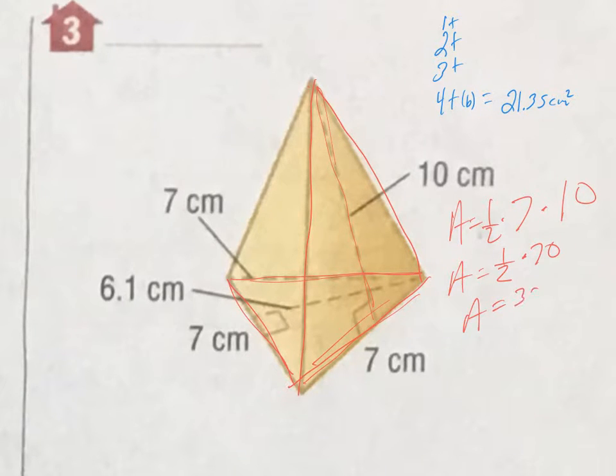Area equals 35. So each one of these is 35. Now I just add them up. 35 plus 35 plus 35 is 105, plus 21.35 equals 126.35 centimeters squared.